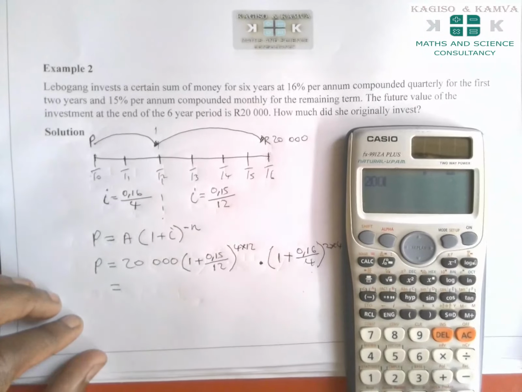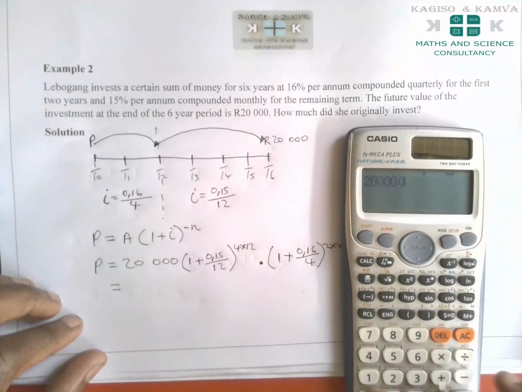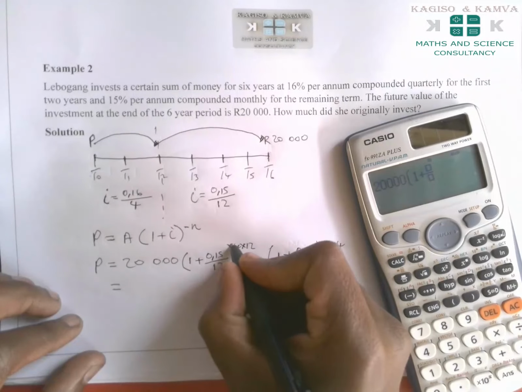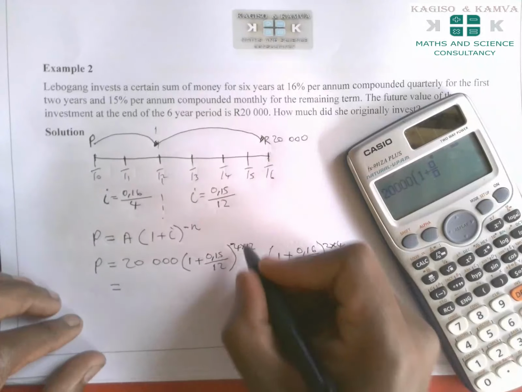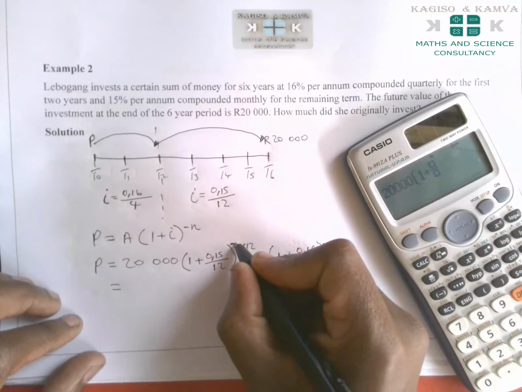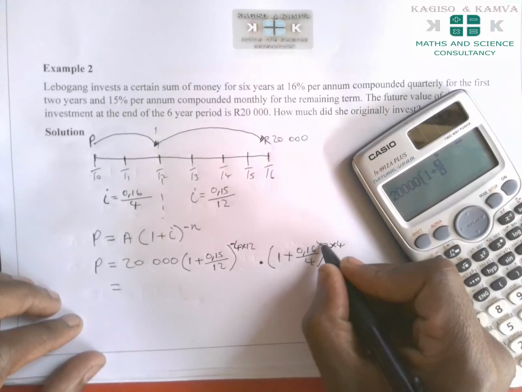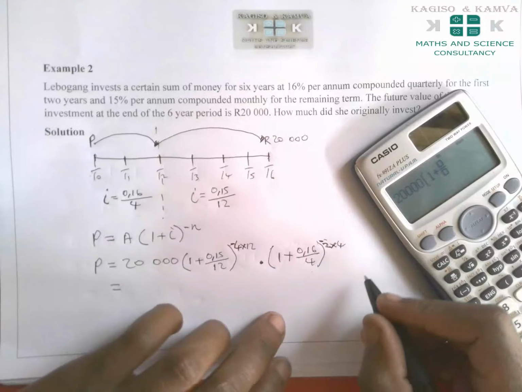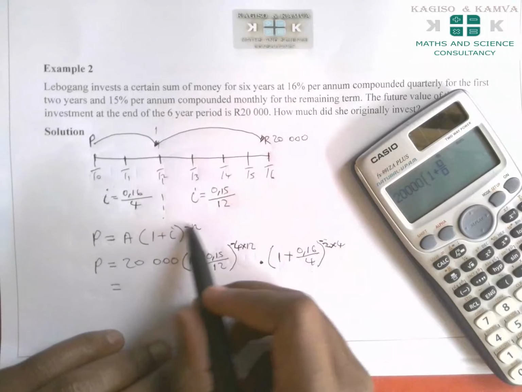This is going to be 20,000 into 1 plus, to the exponent. This is supposed to be negative, guys, negative. This one is also supposed to be negative. Okay, -2, because the exponent there is negative.